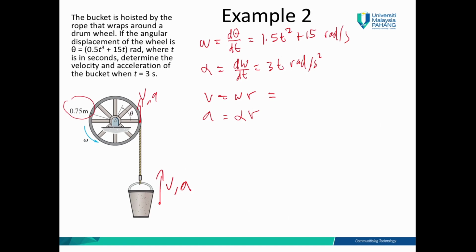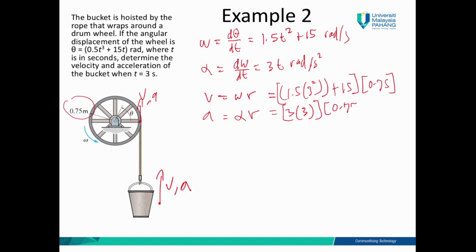So for v, the angular velocity will be 1.5 times 3 to the power of 2 plus 15, times the radius, which is 0.75, and angular acceleration 3 times 3 seconds times the radius 0.75.